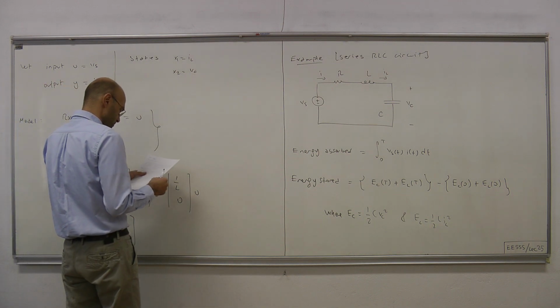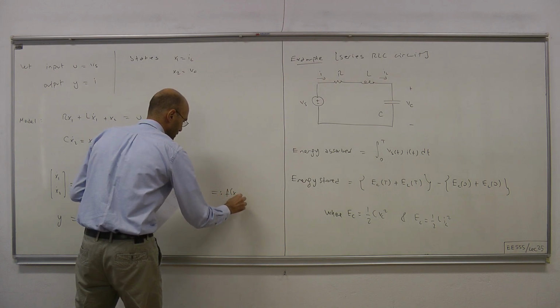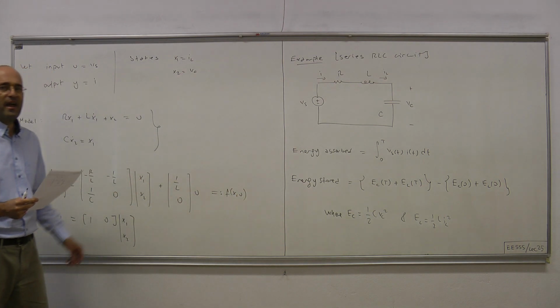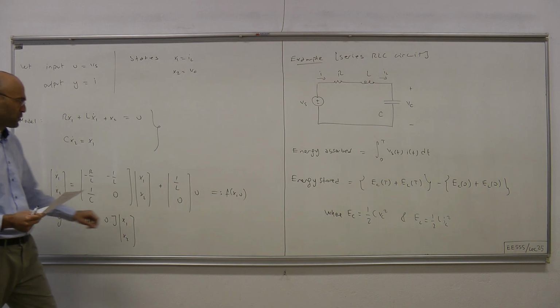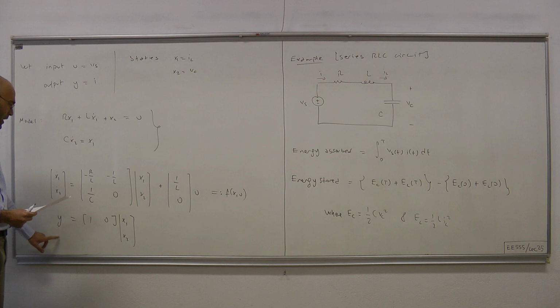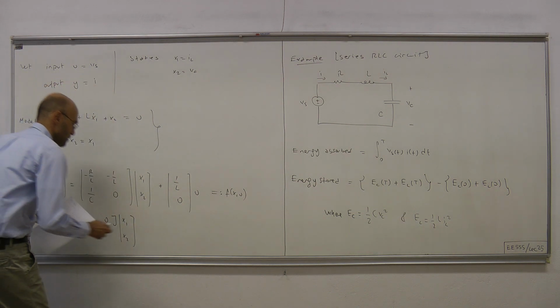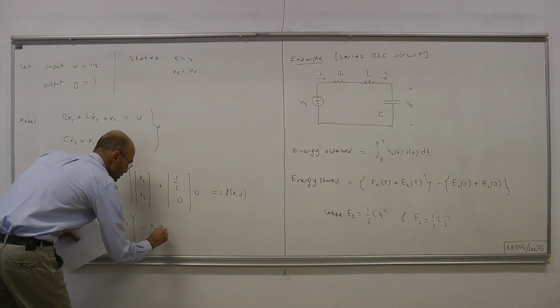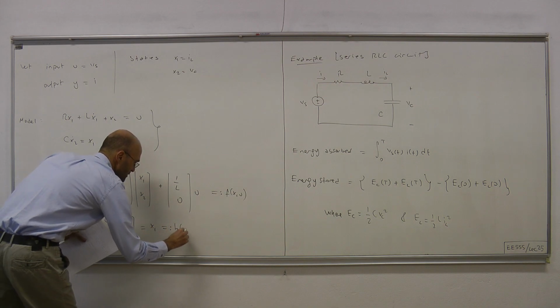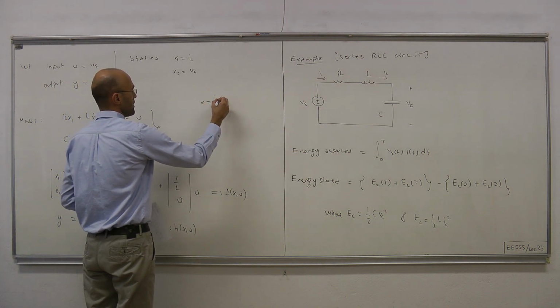So this whole thing, for the general nonlinear notation, is our f of x, u. So x dot equals f of x, u. As for the output, y equals, the notation that we use is h of x, u. So this is simply x1, and x1 in this case is our h of x, u. And x is our state vector.